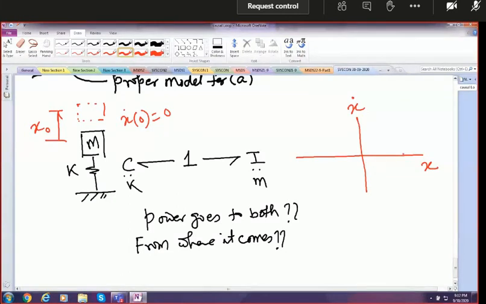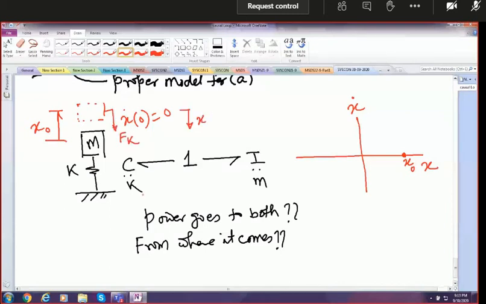So we start from here, x naught. Then what will happen? At this position, if we leave it, we will have a spring force acting downwards. How will the mass move? It will also move downwards.